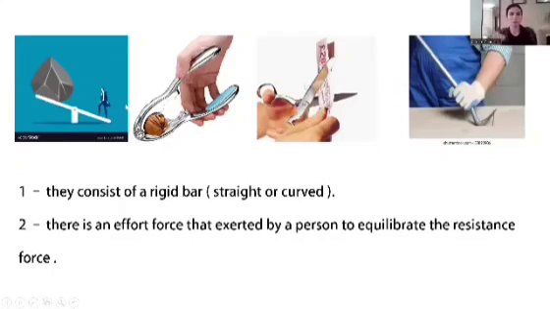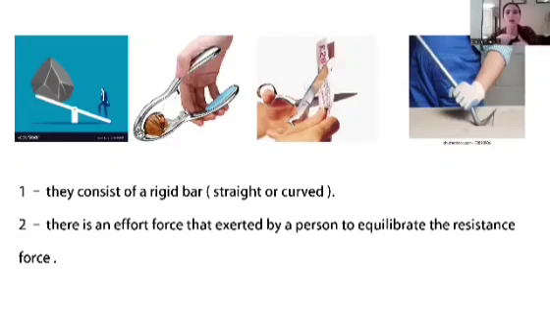This bar is moving, so this point is fixed and this point is fixed, but the bar moves. So there's always a fixed point and the bar rotates around it.